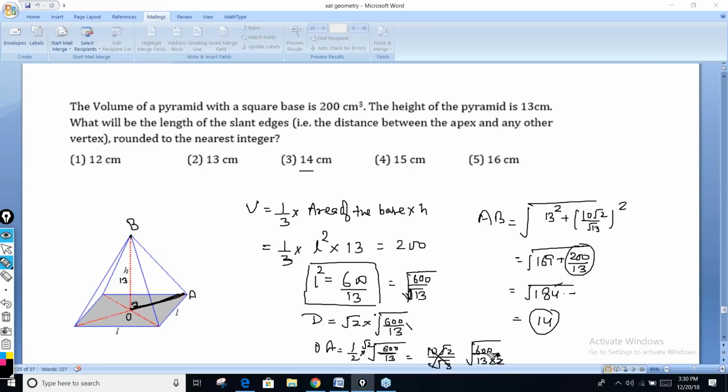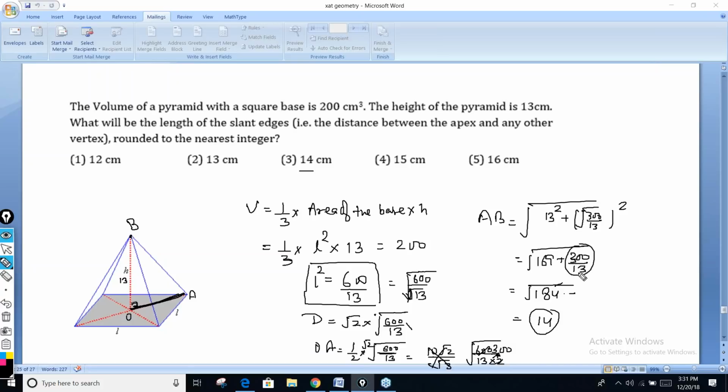That's root 2 only. So that is 300 upon root 13, that is 300 upon root 13 square. Now you will get the correct answer. That is 300 upon 13.